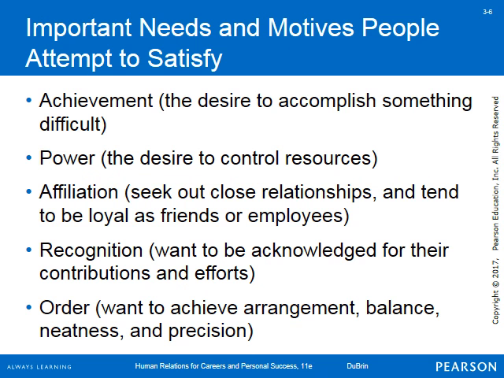Important needs and motives people attempt to satisfy. Okay? Achievement is one of those, the desire to accomplish something difficult. For some people, the need for achievement is a very important thing for them.